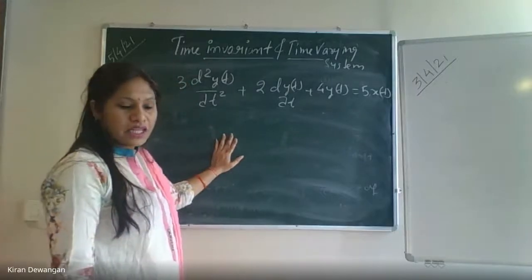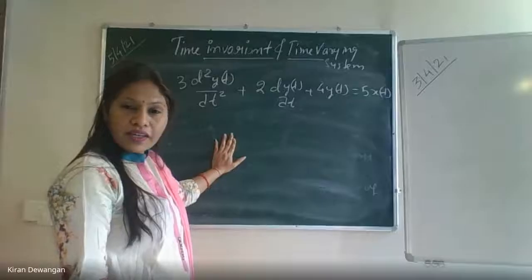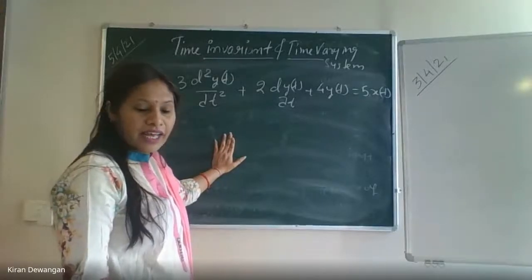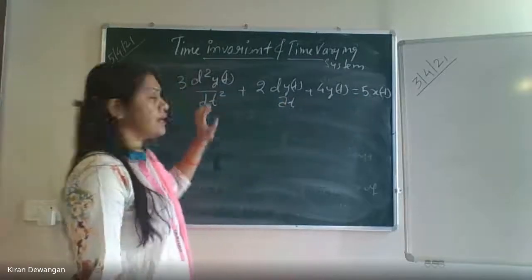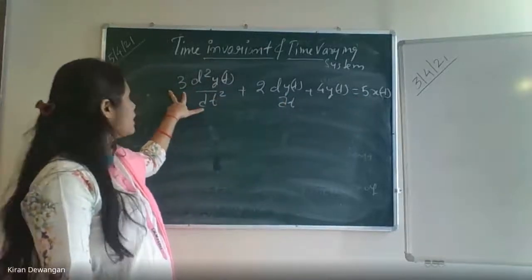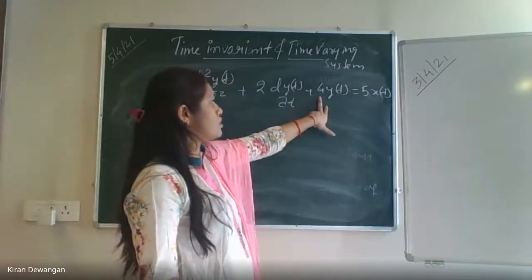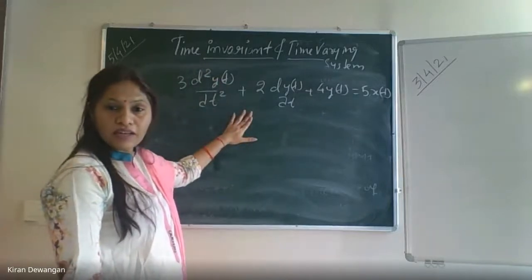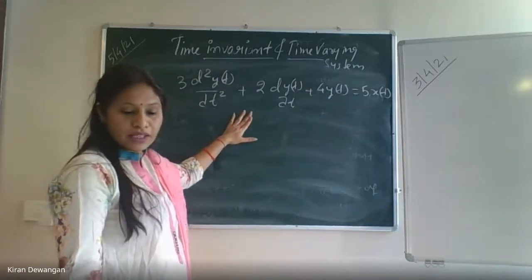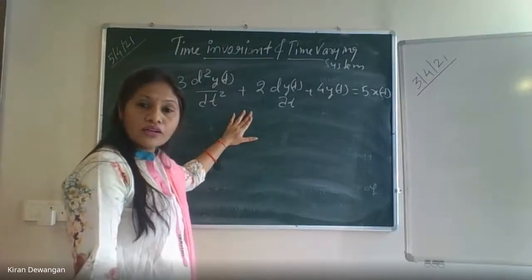Is it a time variant or invariant system? Invariant. It's a time invariant system because all the coefficients are constant. Here it is constant 3, here it is constant 2, here it is constant 4 and there it is 5. Hence it is a time invariant system, not variant.